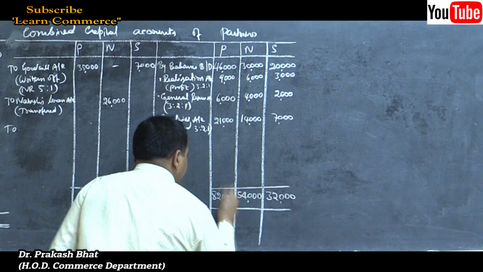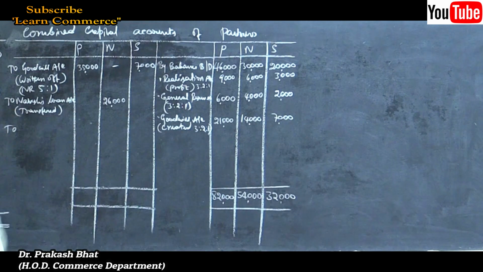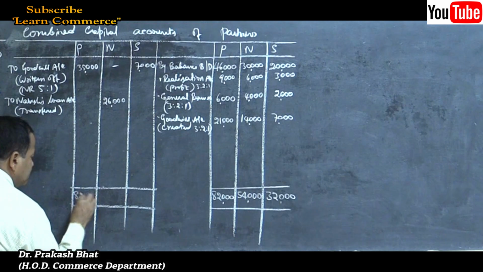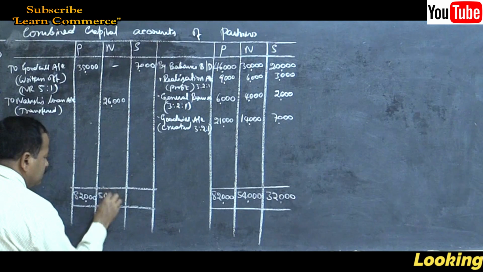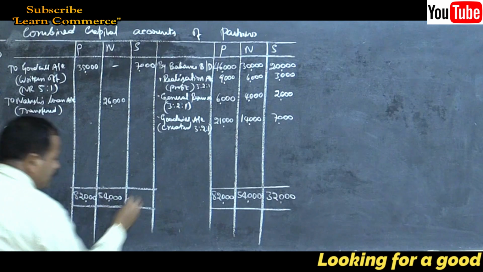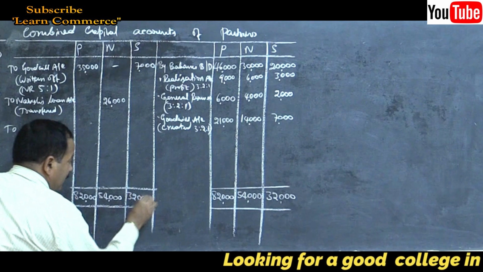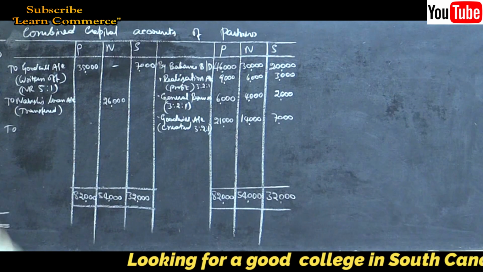This is the total. Write the same total on the other side, 82,000, then 54,000, then 32,000.